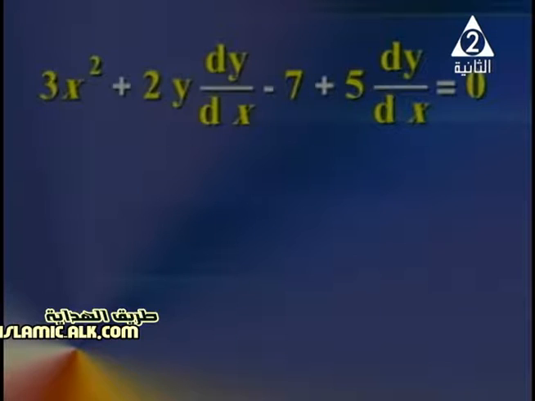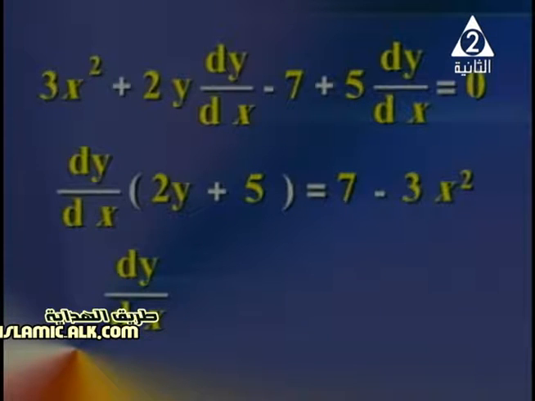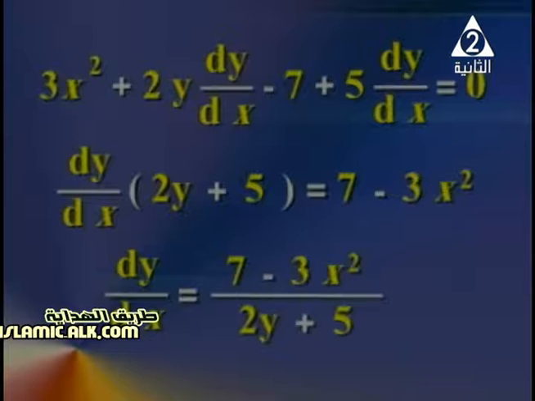Dear student, when we find dy by dx, we get 3x power 2 plus 2y multiplied by dy over dx, minus 7 plus 5 dy over dx equals 0. On the left hand side, x power 3 has derivative 3x power 2. y power 2 gives 2y dy by dx. Minus 7 plus 5 dy over dx, and the right hand side equals 0.